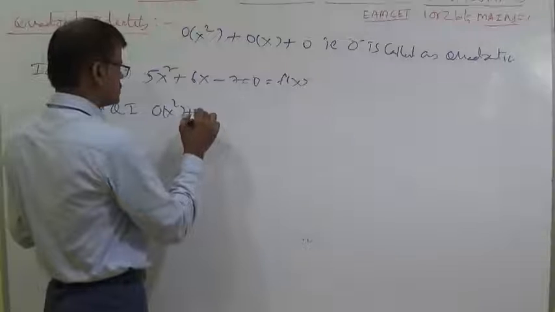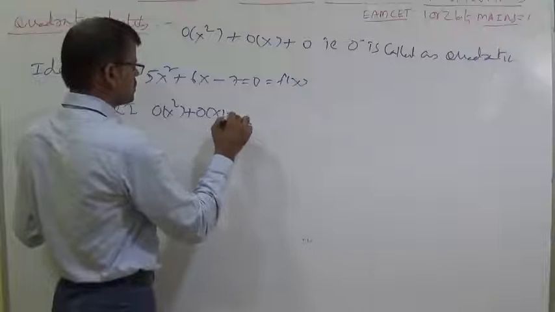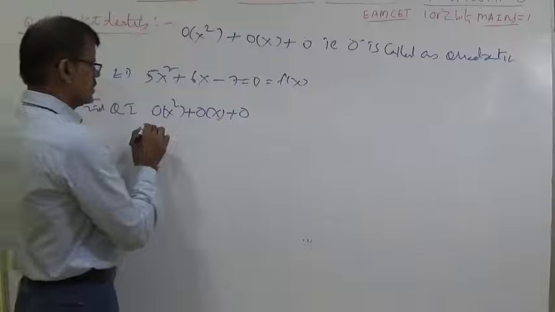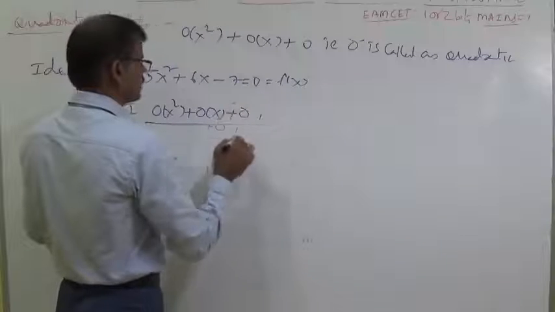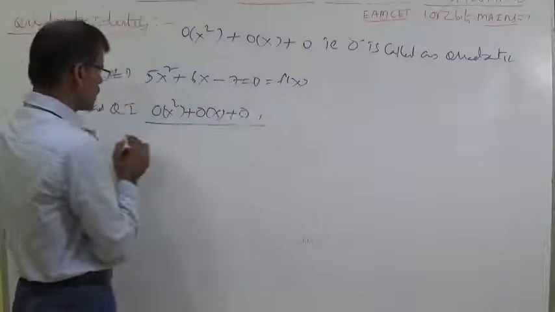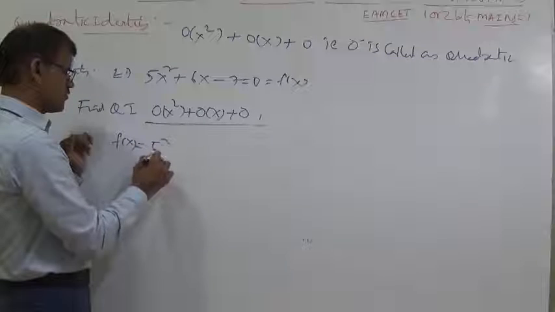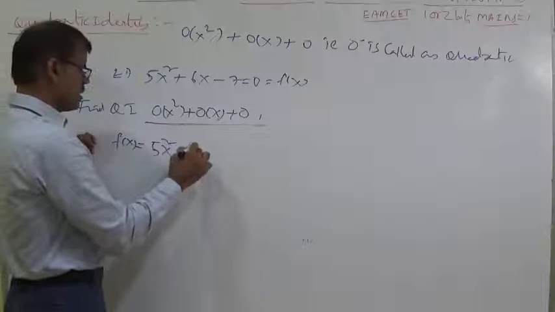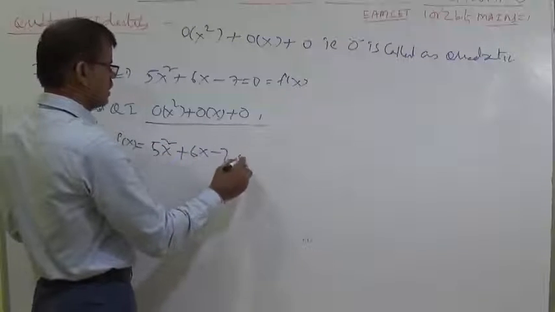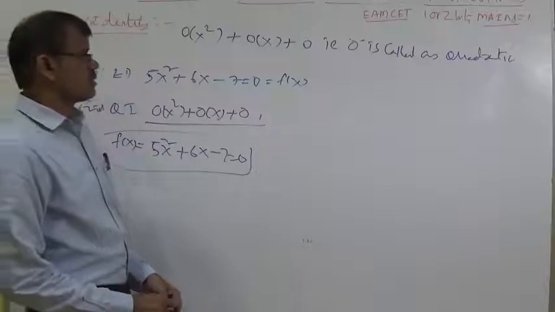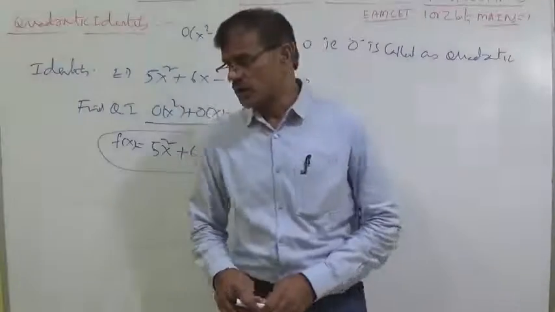You should write 0 into x square plus 0 into x plus 0, that is equal to 0, otherwise simply 0. It is the quadratic identity. Whenever you are adding, the x square coefficient should add, the x coefficient should add, and the constant you should add. So here 0 into x square plus 0 into x plus 0 is called the quadratic identity.